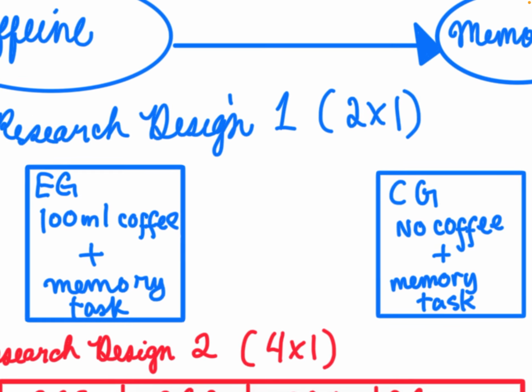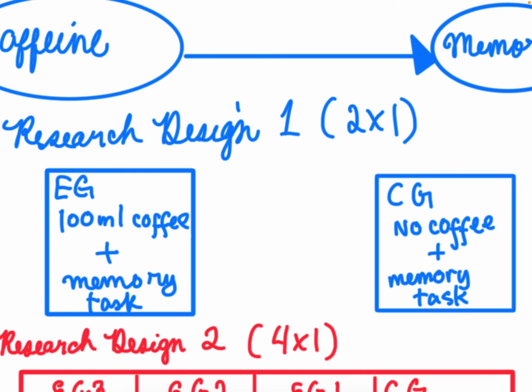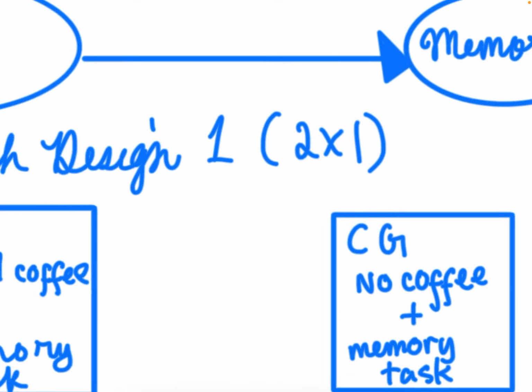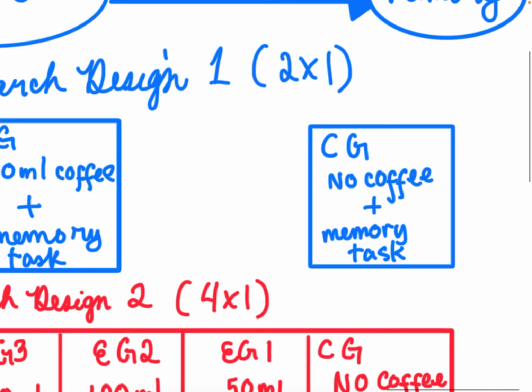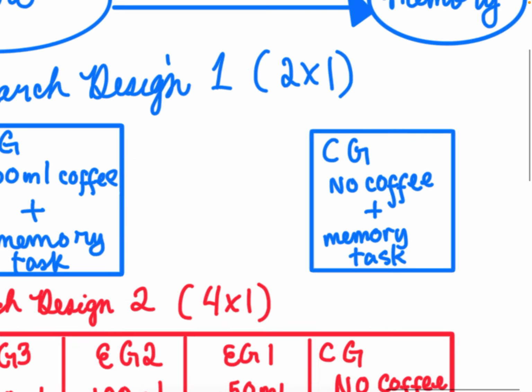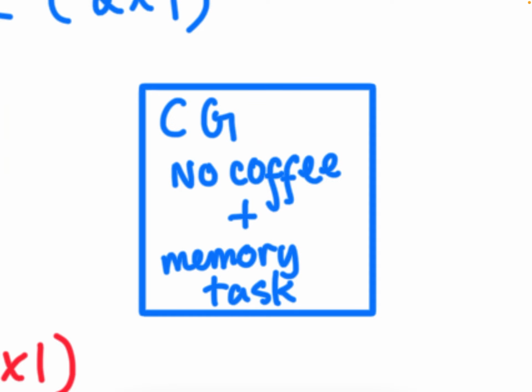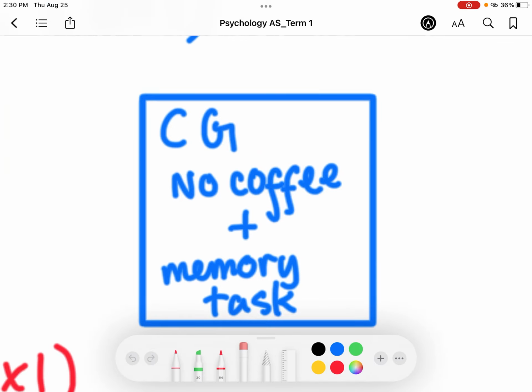Okay, so the very straightforward design that you can do is a 2-by-1 research design, meaning 2 groups, 1 variable. What are the 2 groups? Control group, experimental group. In the control group, let's say, 50 respondents or 50 participants are randomly assigned to this group, and they take a memory task or a memory test.